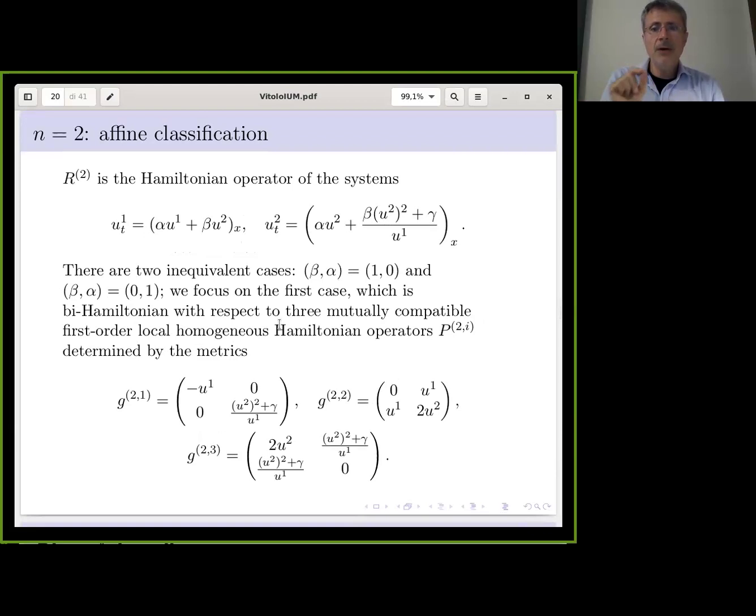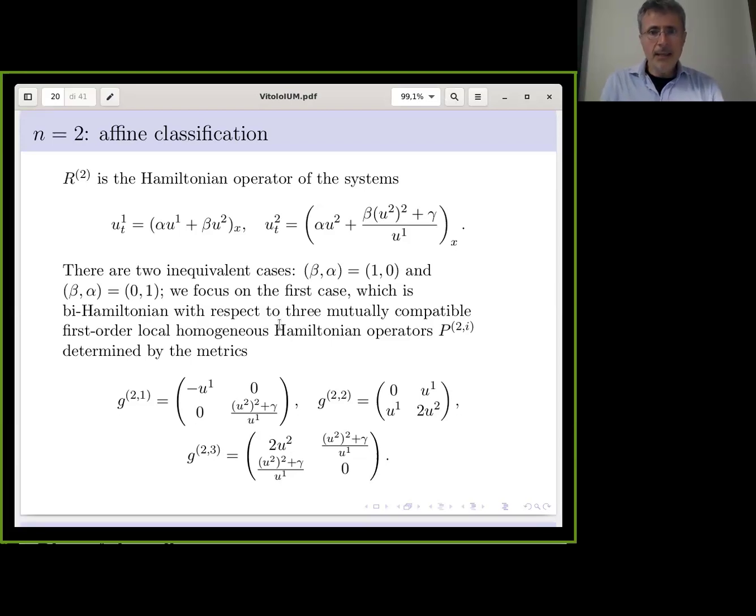In this family, we are going to see what are the Hamiltonian systems with respect to a possibly non-local Hamiltonian operator of the first order. And we find that all of these systems are Hamiltonian with respect to three first-order operators, which are even local, and they are listed below.